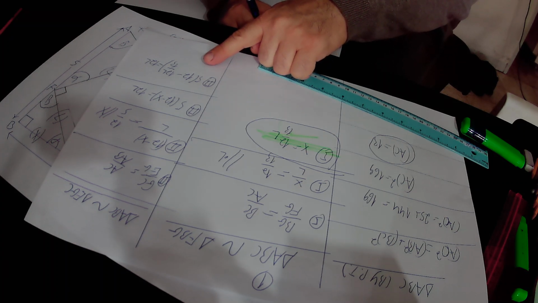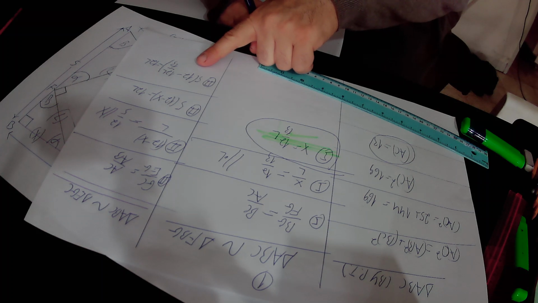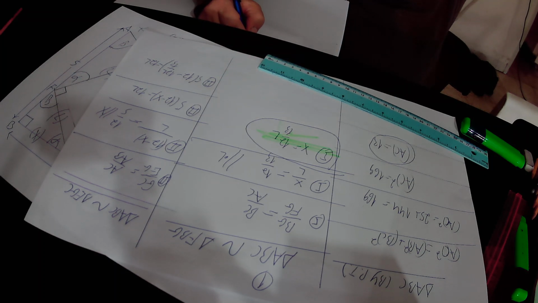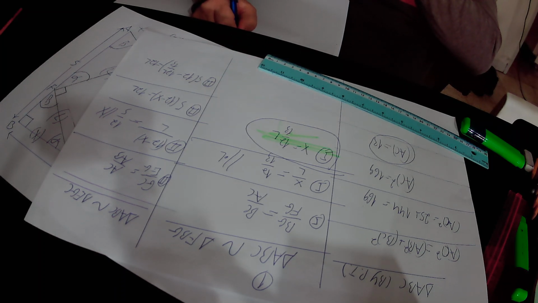So in the numerator we have 156 minus 12L over 13, and it equals 12L.